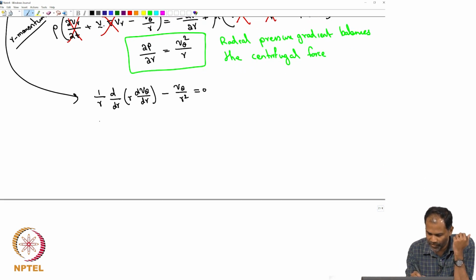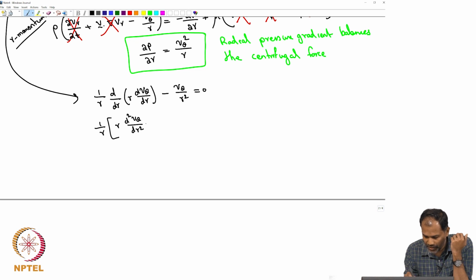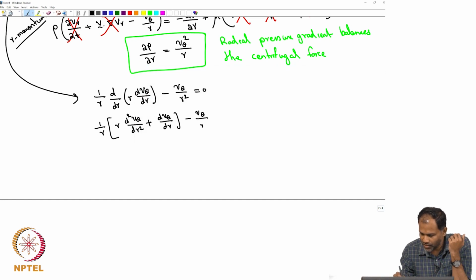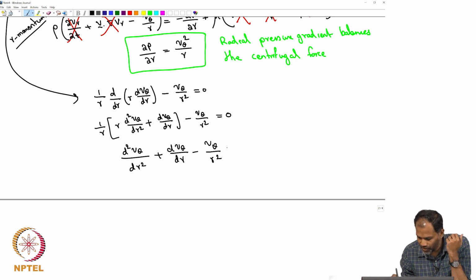We do not need to write it as partials now, it is a total derivative, ordinary derivatives. I will do the differentiation: 1 over r into d square v theta by dr square plus derivative of r is 1 times dv theta by dr minus v theta by r square is equal to 0, or d square v theta by dr square plus dv theta by dr minus v theta by r square is equal to 0.